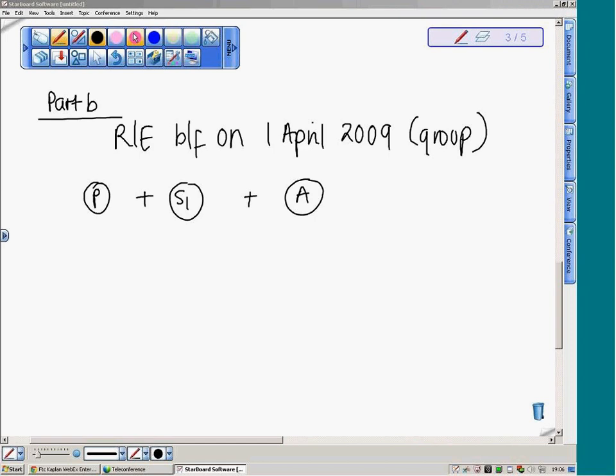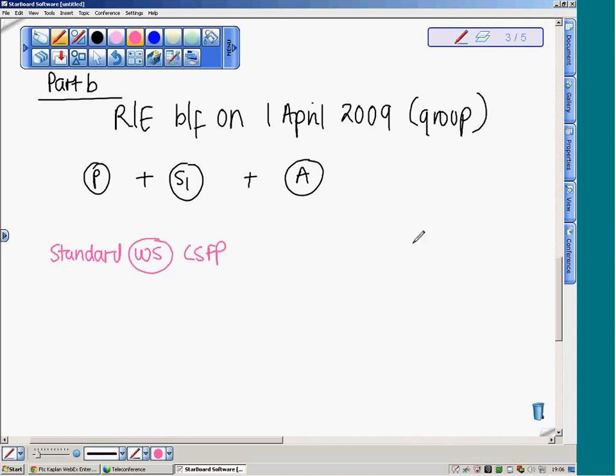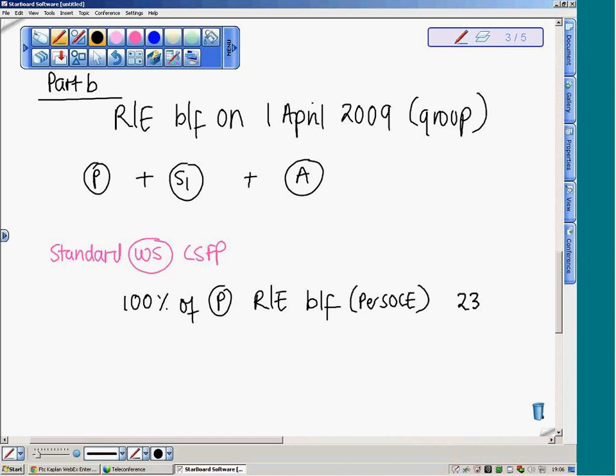Okay. Now, if we think about our retained earnings, it's normal, standard that we reduce for the consolidated SFP. What we have is 100% of the parent's retained earnings brought forward. We're going to take that number from the SOCI, which gives us in this question the individual SOCIs, and that is the 23,800.